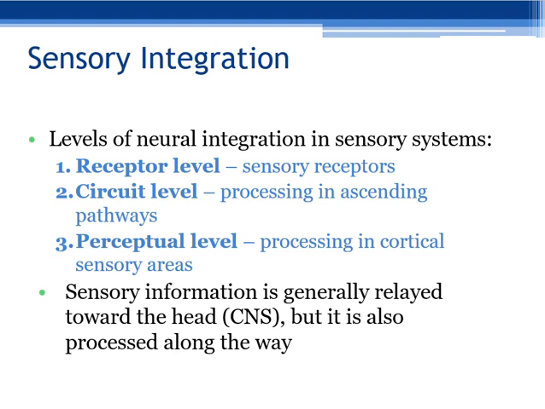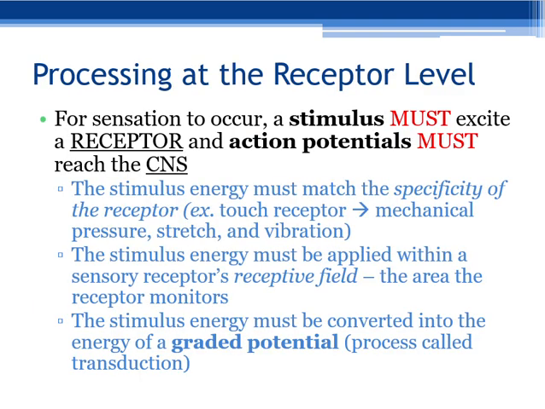Then that processing is going to be utilized via ascending pathways. Ascending pathways utilize first, second, and third order neurons, and it's the third order neuron that is going to synapse in the cerebrum. So that sensory information is generally relayed towards the head or towards the central nervous system, but it can also be processed along the way.